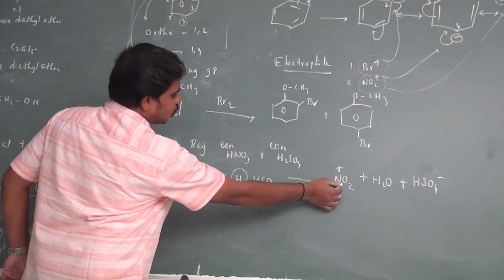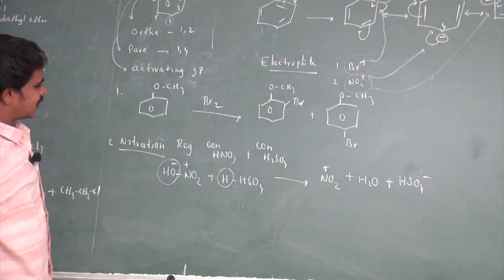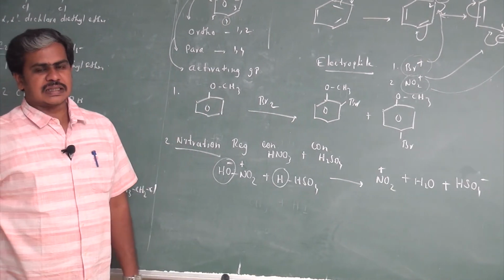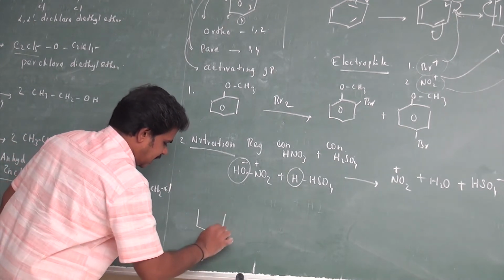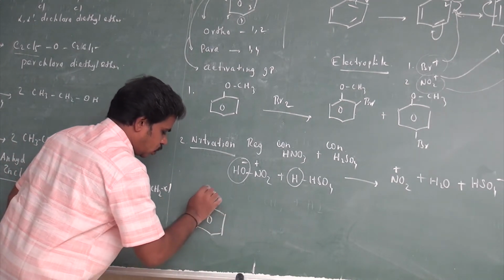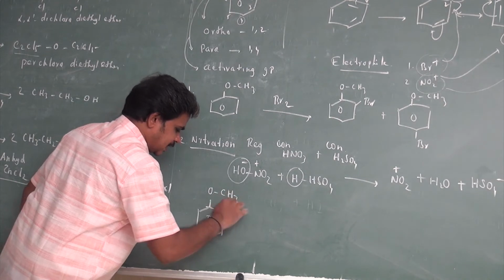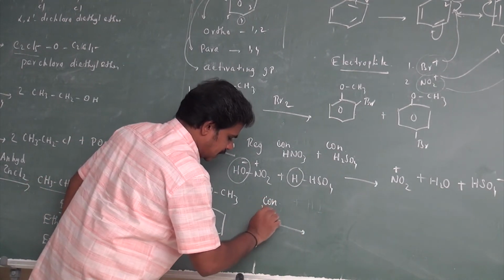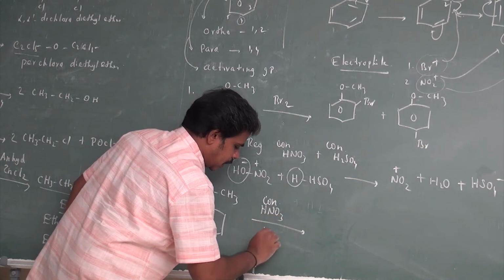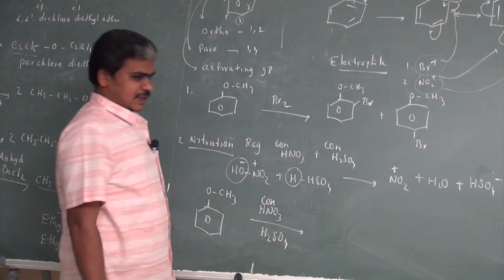So this nitronium ion attacks the benzene nucleus at the ortho and para positions. On nitration, anisole OCH3 is treated with concentrated HNO3 and concentrated sulfuric acid.